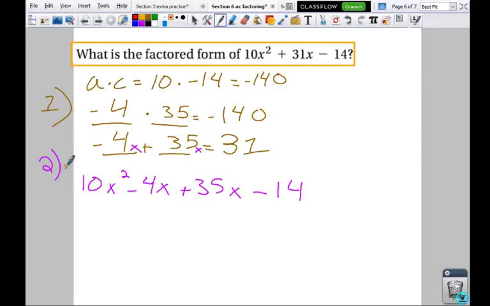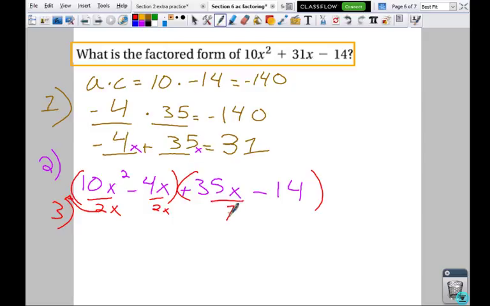Okay, so step 2 said split it up. Step 3, we are going to put parentheses and factor stuff out. So help me out, Jake, what can I take out of the first one? What can I take out of this first parenthesis? 2x. Always take an x out of the first one. And then what am I taking out of the second parenthesis, DeAndre? 7.